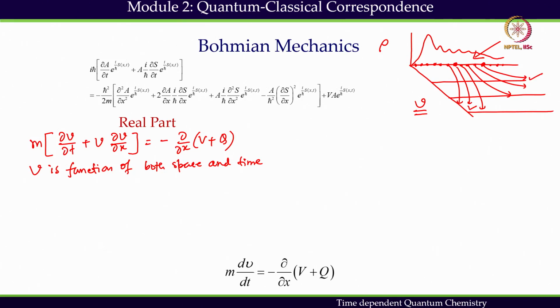So, it depends on both space and time. Velocity has to depend on time also. So, because it depends on both space and time, this total derivative, which is not a partial derivative, will be given by the summation of these two partial derivatives. And that is exactly what we have here.